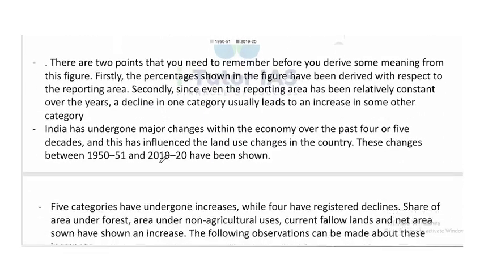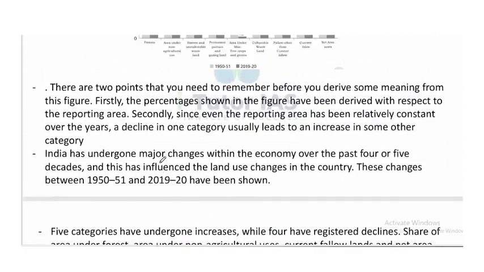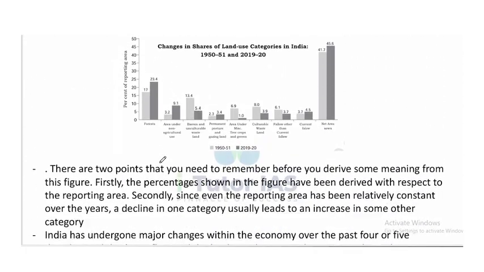Now, there are two points that you need to remember before you derive some meaning from this figure. Look at this figure. This is the change in shares of land use categories in India, 1950-51 to 2019-20.